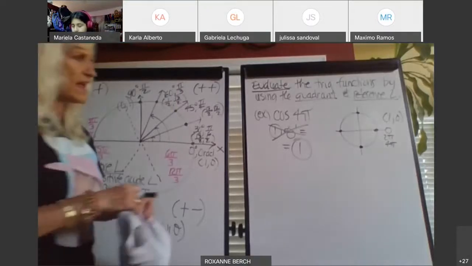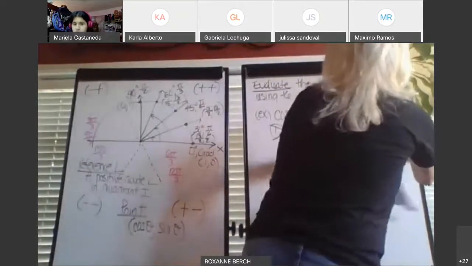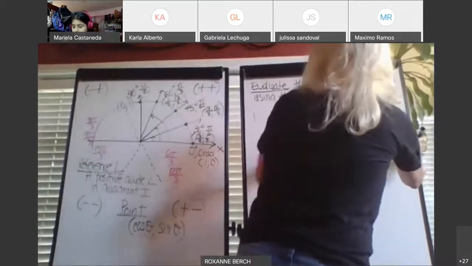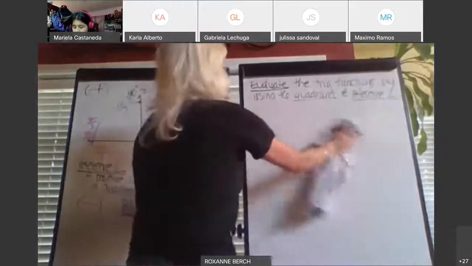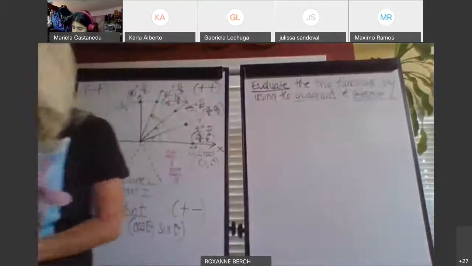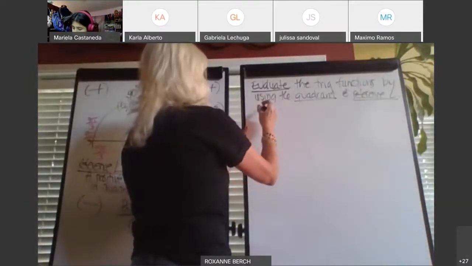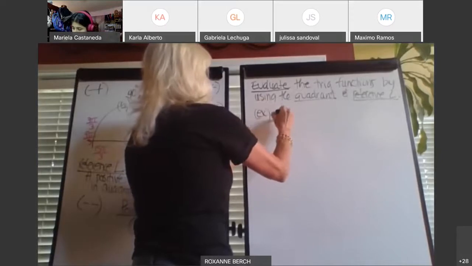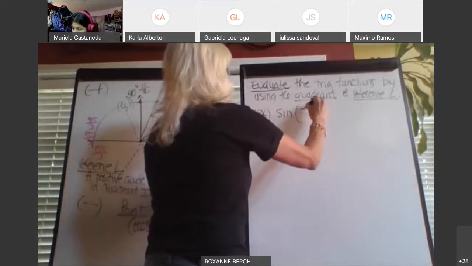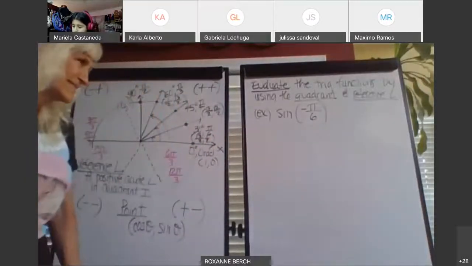Let's do an angle. Let's do sine of negative pi over 6. That's not a reference angle.